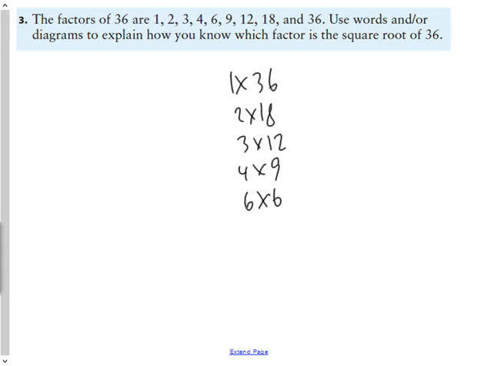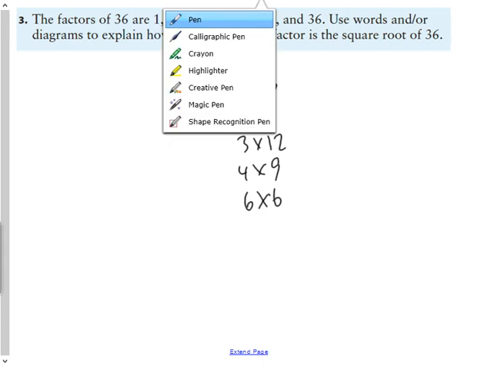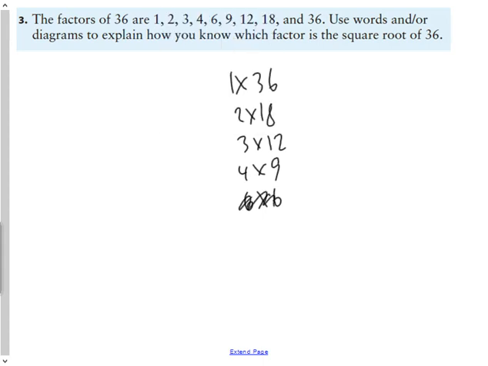And if I rewrite them as that, I can see right here that 6 and 6 are factors of 36, which means 6 multiplied by itself, so I can say that 36 is a perfect square. Or, alternatively, we said that if you have an odd number of factors, that must mean that one of them was repeated, and therefore that number, because it has an odd number of factors, must be a perfect square.